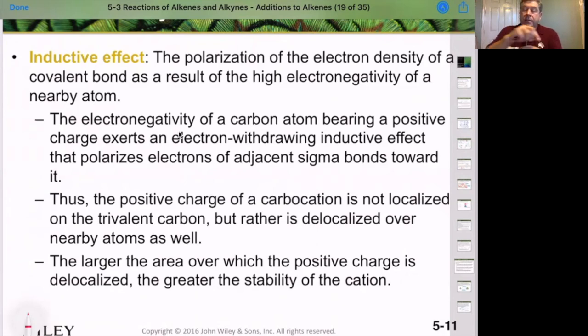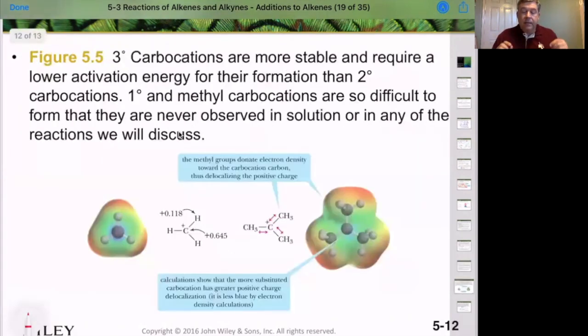So it's stabilizing that charge because it's trying to spread that positive charge out over as many atoms as possible. In the case of hydrogen, it only had 1 electron in its outer shell. It's using that electron to make that bond. It has no more electron density to help donate to stabilize that positive charge.